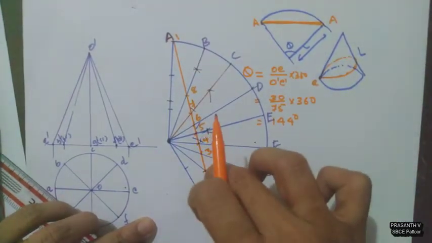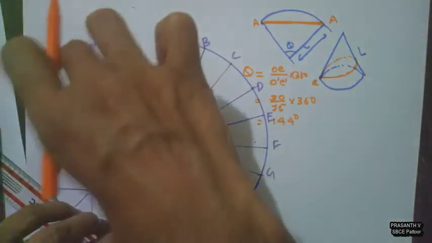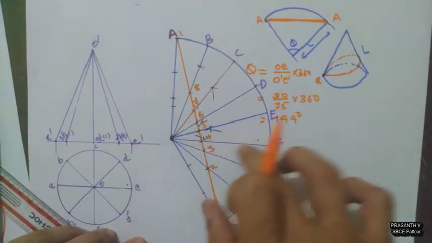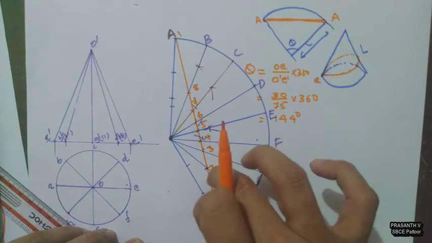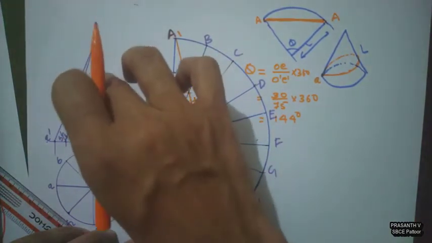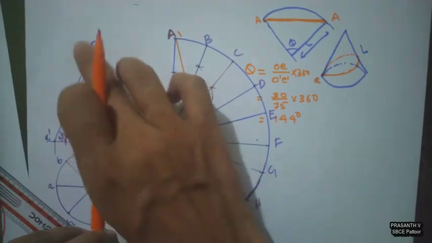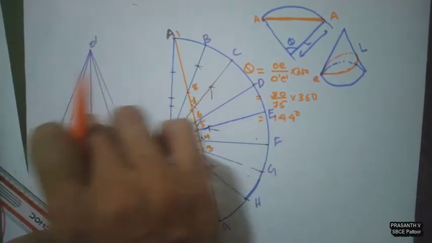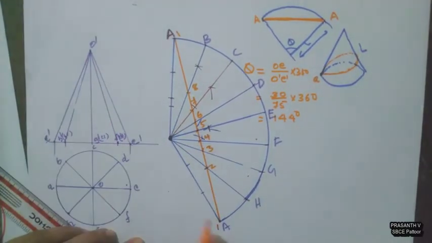And again you have to transfer these points to the front view and top view of the cone. You know, all these lines are true length generators. From that line, you have to transfer to the corresponding generators.